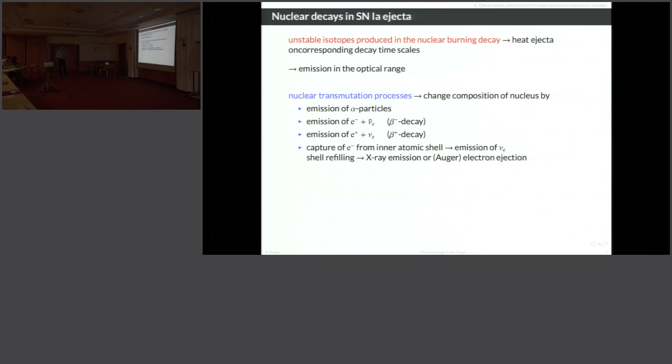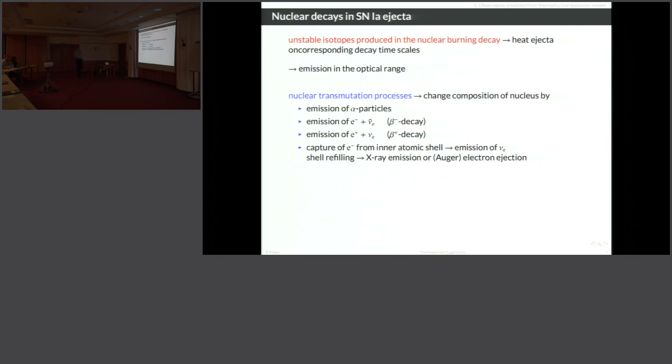So nuclear transmutation changes the composition of a nucleus by either emission of alpha particles, emission of electrons and electron antineutrinos in the beta-minus decay, or the emission of positrons and electron neutrinos in the beta-plus decay. The alternative for the nuclear transmutation from a proton to a neutron inside a nucleus is the capture of an electron from an inner atomic shell, and this also leads to the emission of a neutrino.